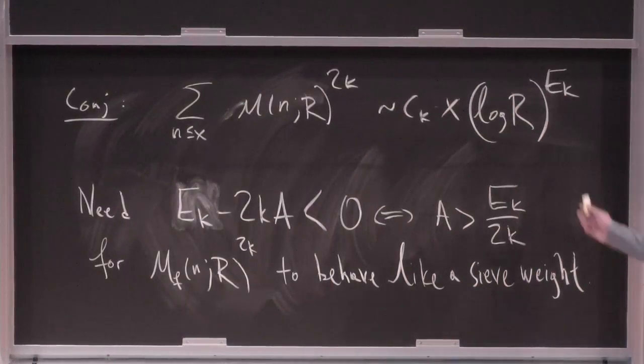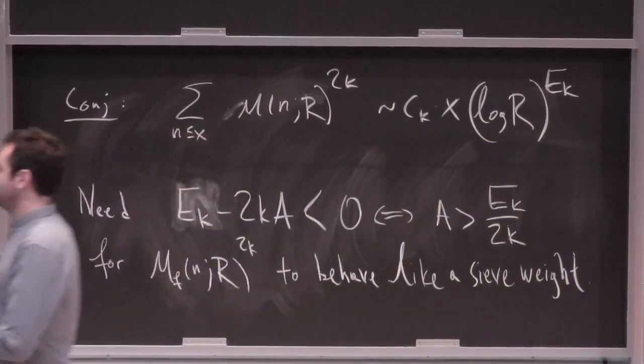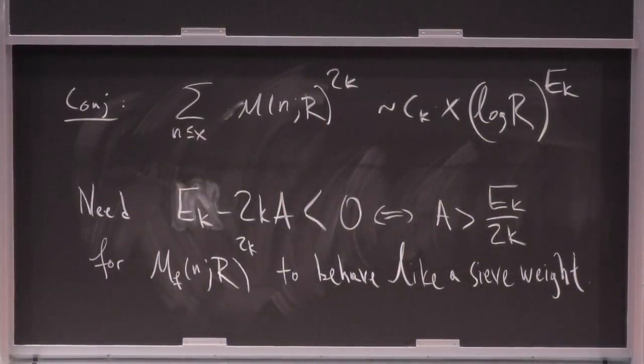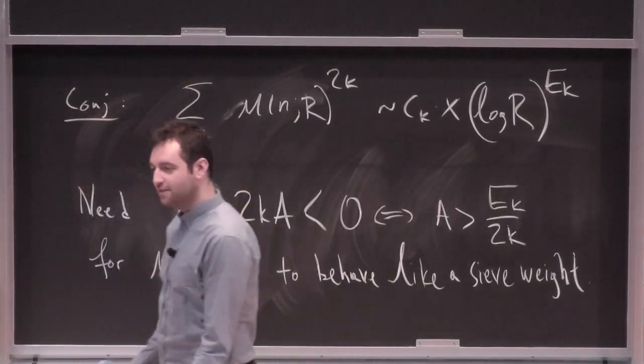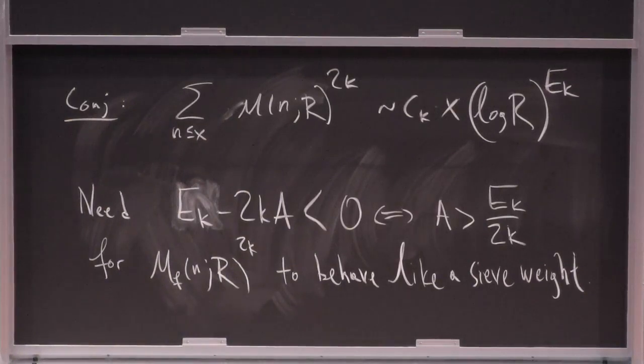But they don't tell you what the degree of the polynomial is, so they don't really tell you what E_k is. The proof depends on an iterative argument that doesn't really specify it. They didn't compute it. They couldn't get it from their proof.